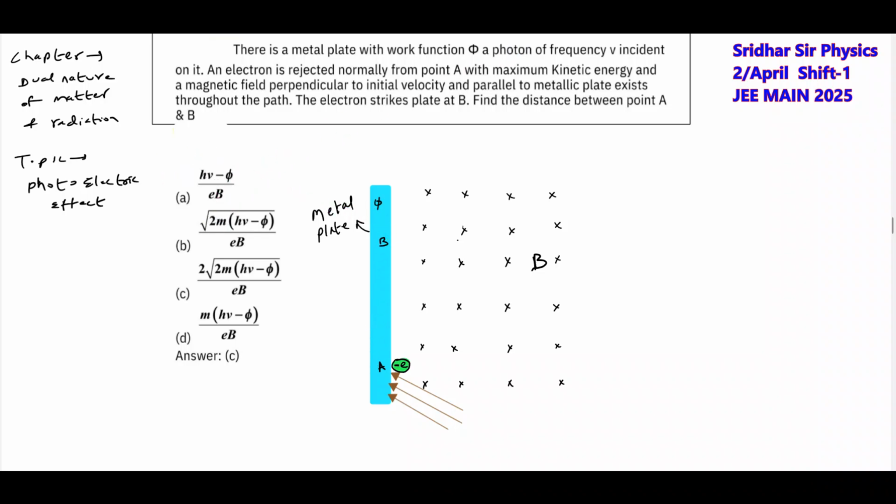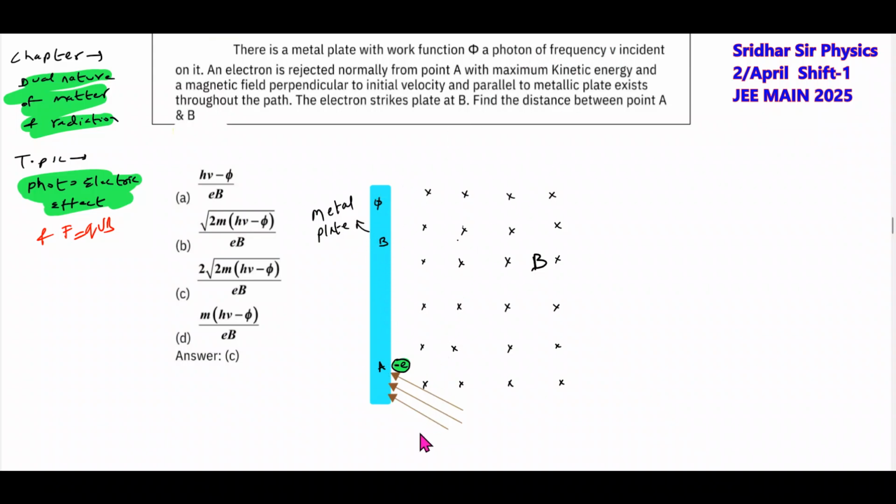The next one we have is the chapter dual nature of matter and radiation, and the topic is photoelectric effect and F equal to QVB, magnetism also, force on moving charged particle. These two ideas are put here. There is a metal plate with work function phi, a blue colored one.